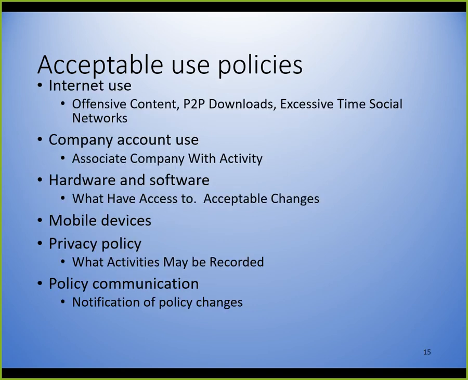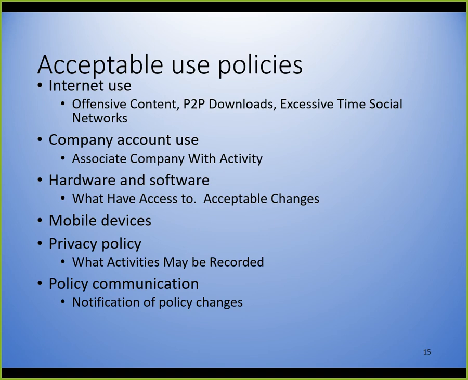So acceptable use policy, internet use: things that probably you're not going to allow are offensive content, point-to-point downloads, excessive time on social networks, and you may not even allow social networks. Company account use: associating the company with the activity if that happens. Hardware and software: what you have access to, what are the acceptable changes, what kind of things can you do or not do.